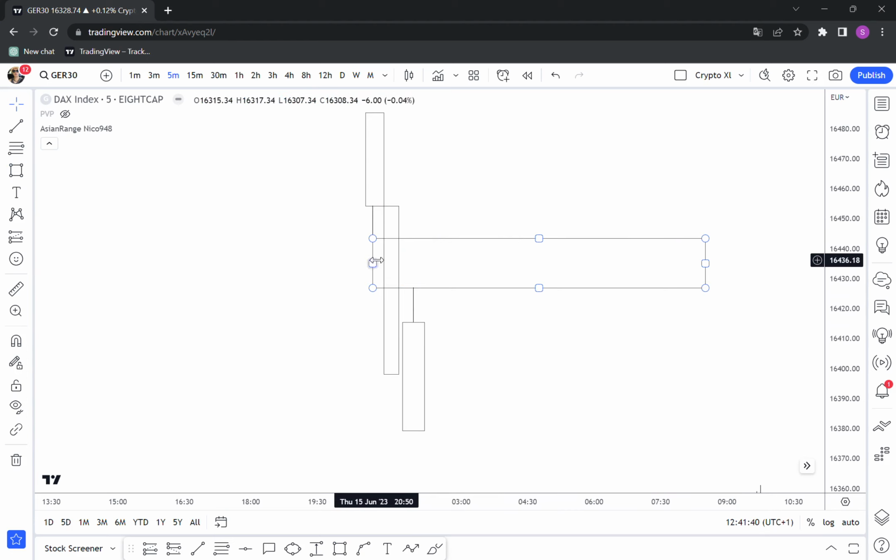In this point you will have the imbalance, and this is a gap in the market, and usually the market comes back to this zone, reacts, and sometimes gives a reaction.